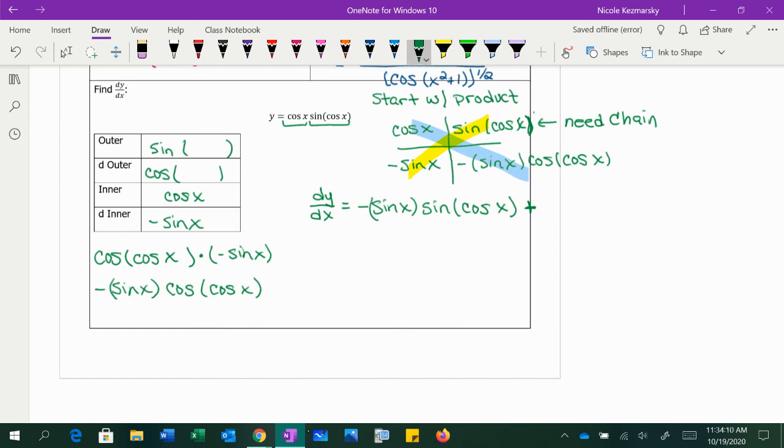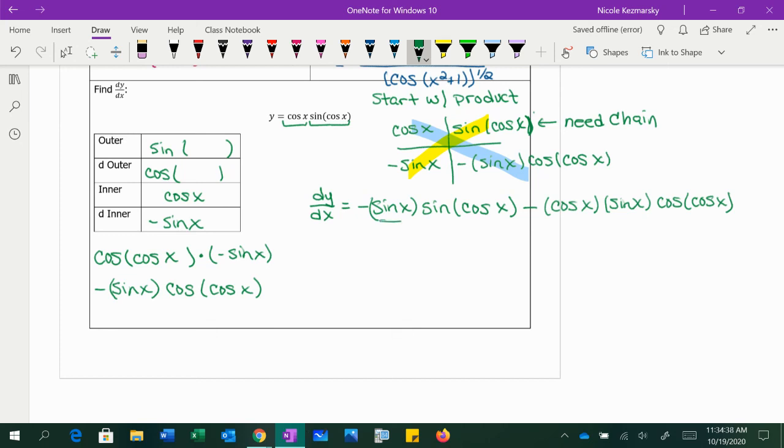So I've got a negative sign, so let's go ahead and just make that plus a negative. And I'm going to have cosine of x times sine of x of cosine of x. And that's as simplified as that's going to get.